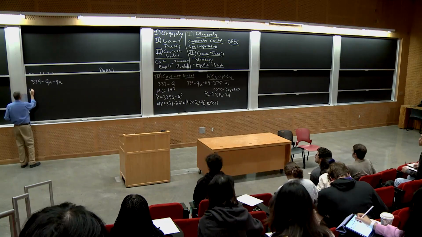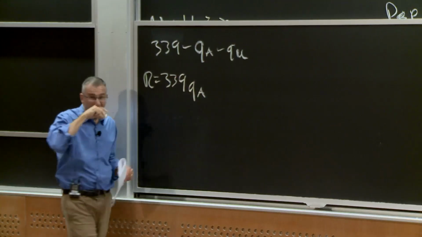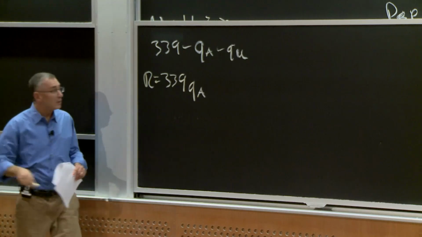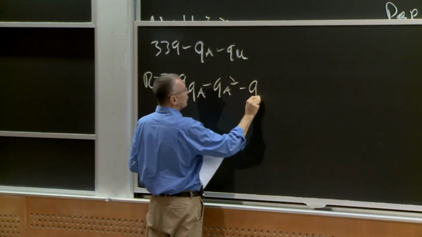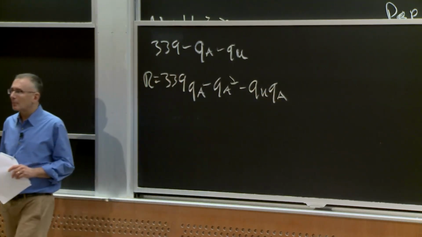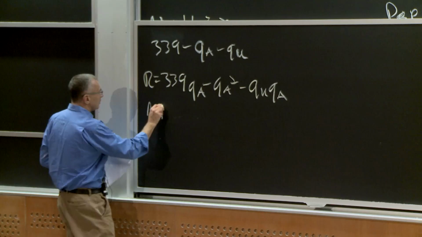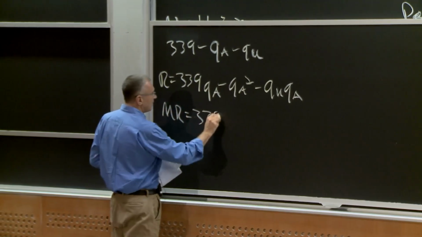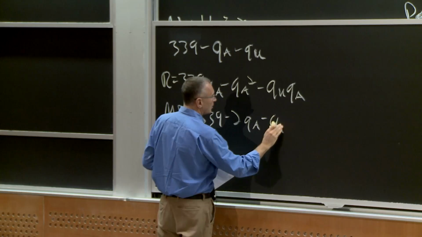Now, what is revenue then? Revenue is 339 QA minus QA squared minus QU QA. This is American's calculation of its revenue. What is marginal revenue? Well, I differentiate with respect to QA. This is American's decision. So marginal revenue is 339 minus 2QA minus QU.